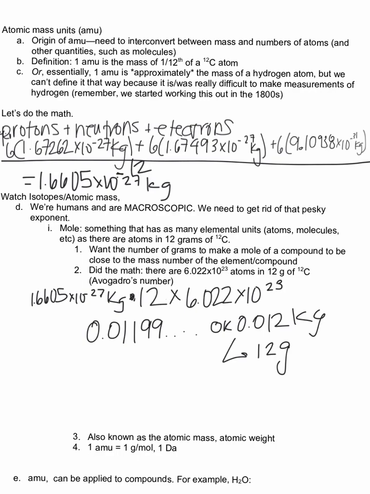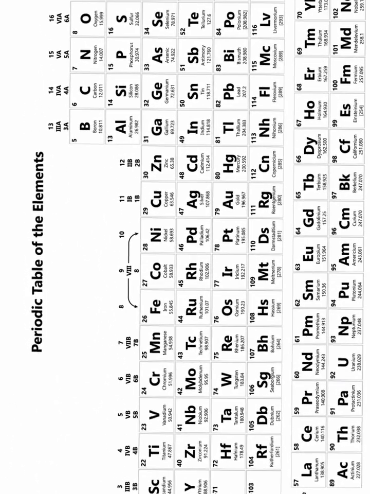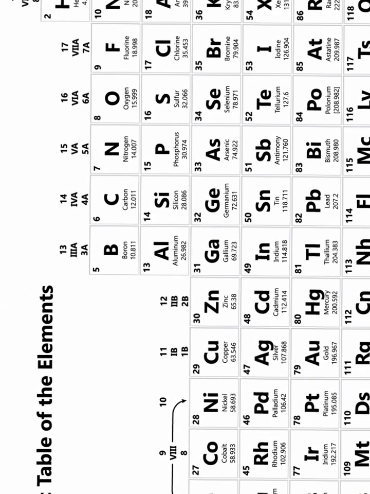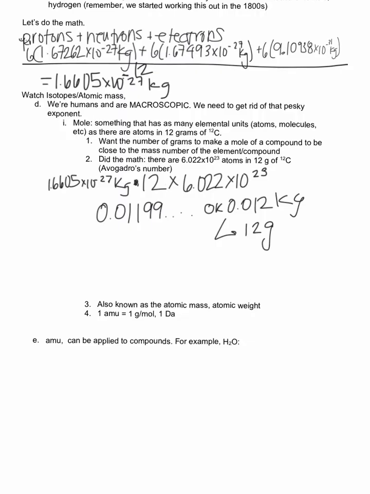So for instance, if we look back at the periodic table, and we see that the average atomic weight of oxygen is 15.999 AMU, that means for a mole of oxygen, we would need 15.999 grams of oxygen to achieve 1 mole.